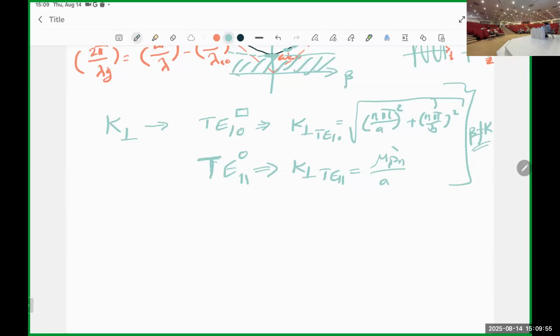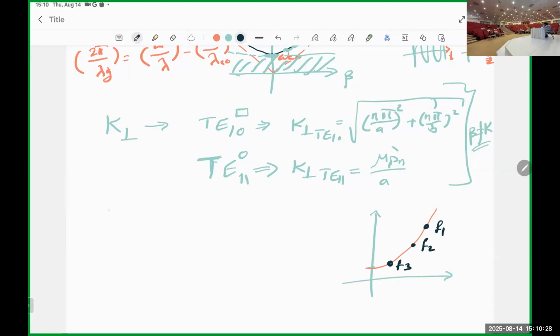So now if we go back to the dispersion curve and examine frequencies, let's have maybe three points: F1, F2, F3.